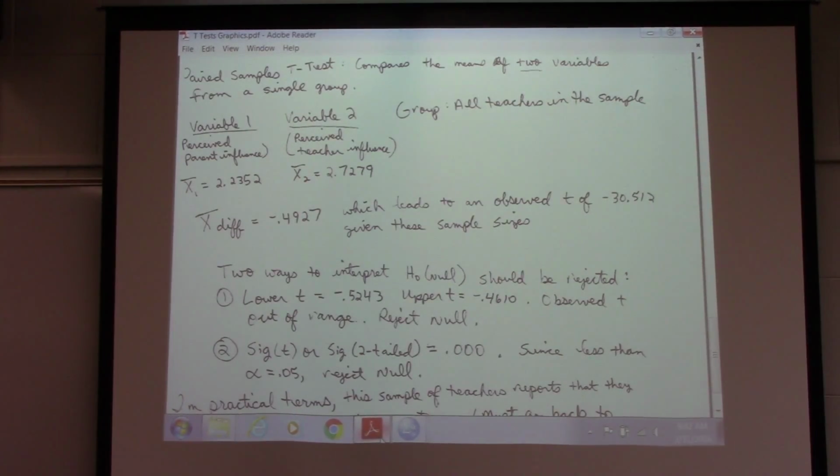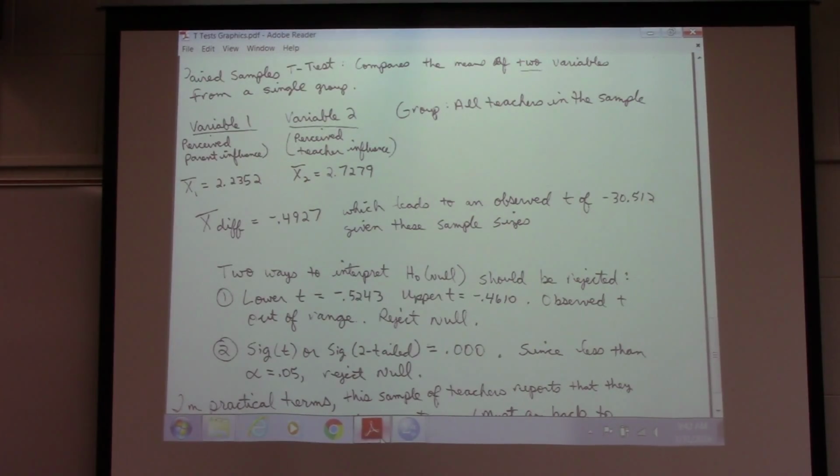So in other words, we asked teachers on a survey, how much influence do you think you have over certain decisions, and how much do you think parents have over those decisions? But it's one sample. It's one sample, it's teachers, and it's 2 variables, parent influence and teacher influence.